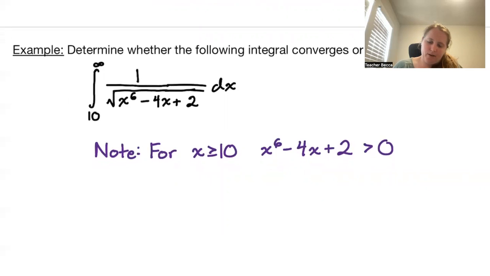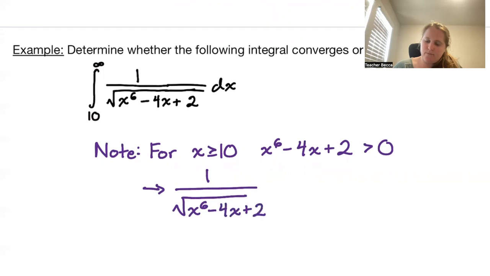And so we have that our function 1 over the square root x to the 6th minus 4x plus 2 is continuous on 10 to infinity.